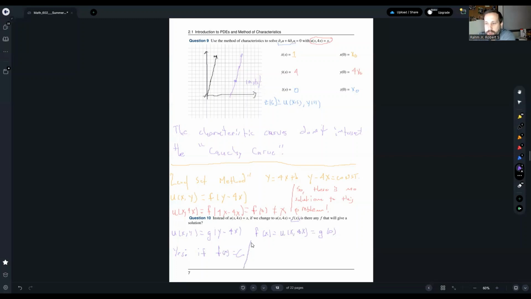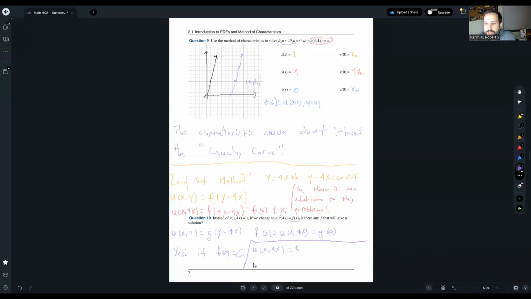Okay, so let's think a little bit more about this. So f of x is equal to some constant, g of 0. Let's rewrite the Cauchy condition. The Cauchy data should read u of x, 4x is equal to some constant.